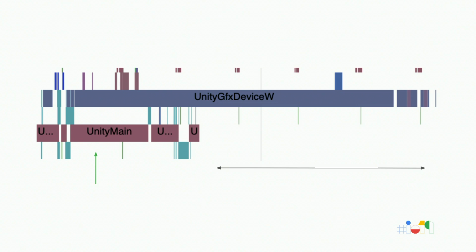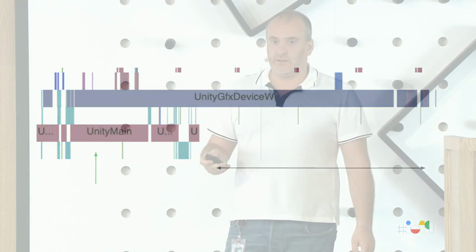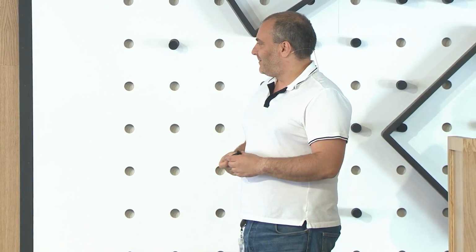More interestingly, you're going to let the CPU that is running Unity main have the chance to sleep for a little bit. We'll see why it's very, very important to let cores sleep. Sounds weird.